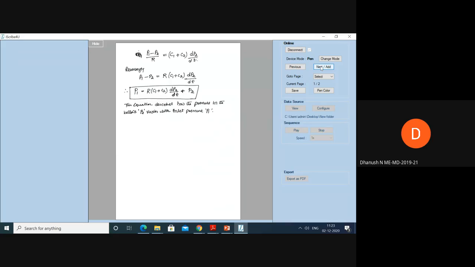Sir, because of vacuum, sir. Vacuum creation, sir. Okay, just because of vacuum the bellows will contract.